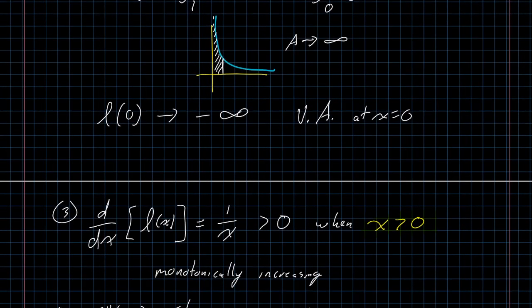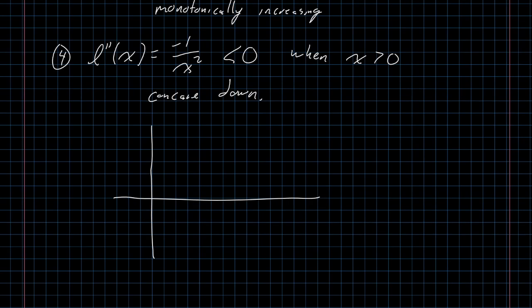All right. So with all of that information, we can draw this graph. We're going to go through the point (1, 0). We're going to have a vertical asymptote at x equals 0. We're going to increase, and we're going to be concave down. And at this point is when we have to tie things back to things that you have studied before.